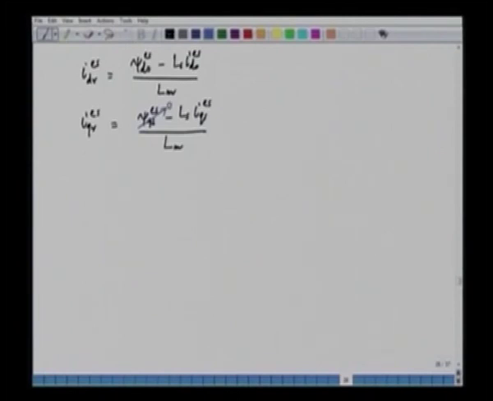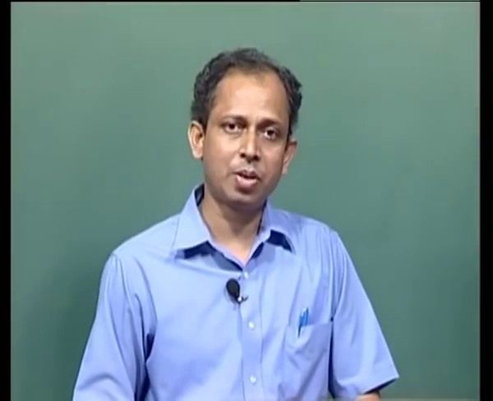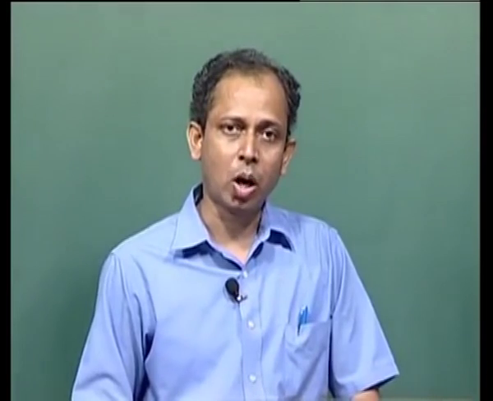So, we can further simplify this equation for IQR, that is equal to minus Ls Iqs^s by Lm. So, we have expression for the rotor fluxes, we have expression for the rotor currents.